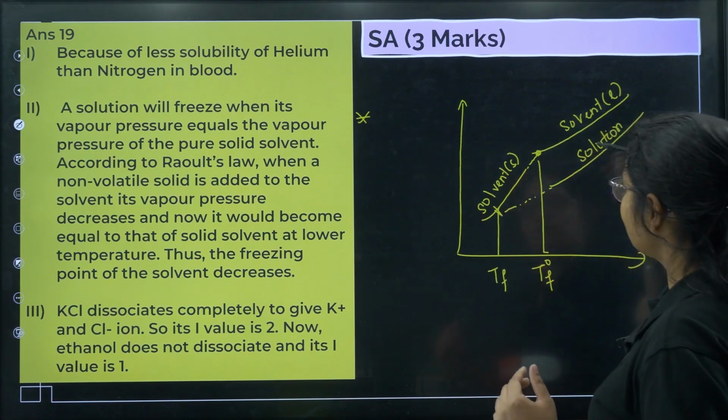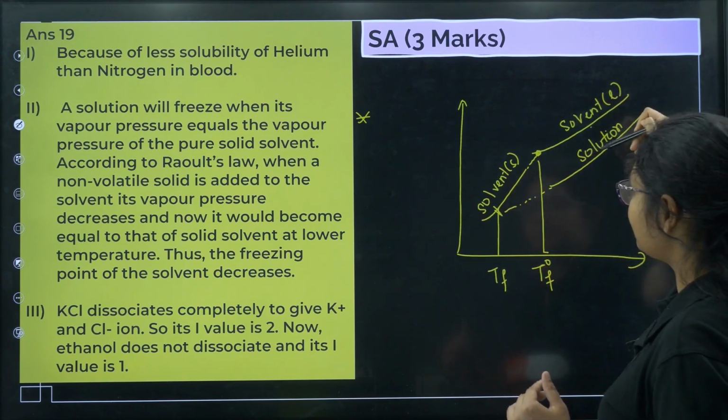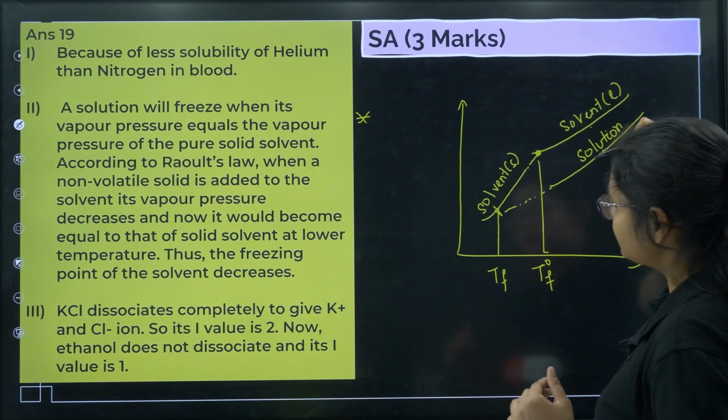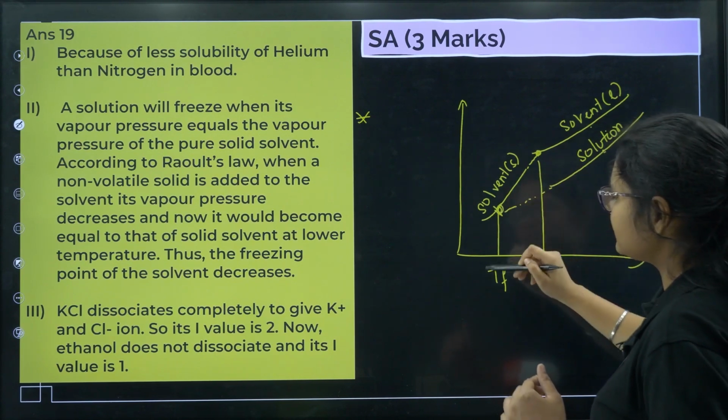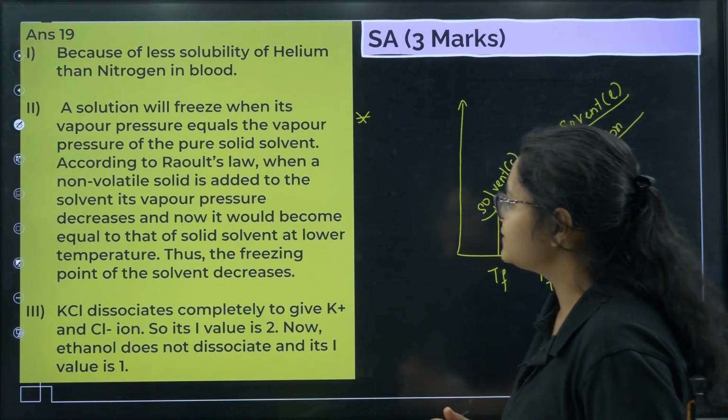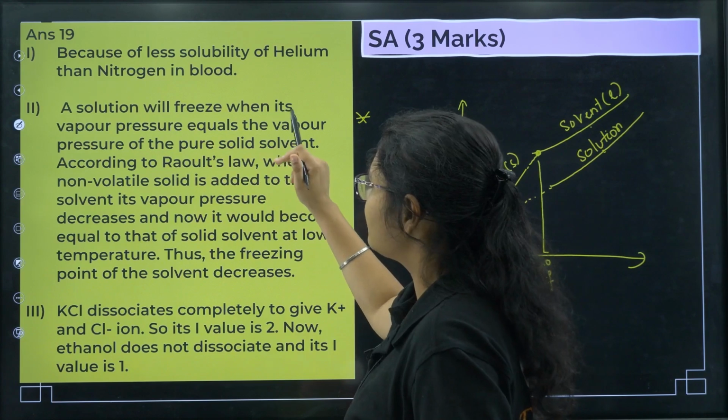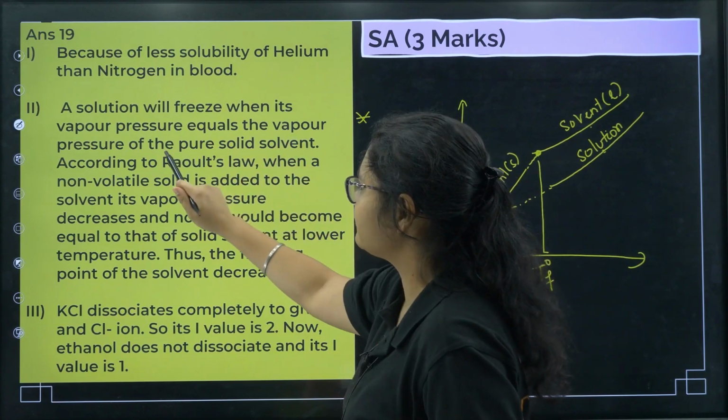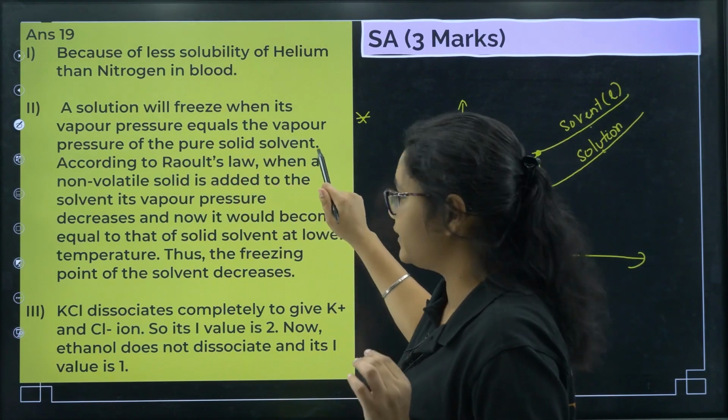So what happens? When you have added a solute, the vapor pressure of the solution has decreased. So when will this meet this one? That is your Tf value. So you can see here a solution will freeze when its vapor pressure equals the vapor pressure of the pure solid solvent, right?